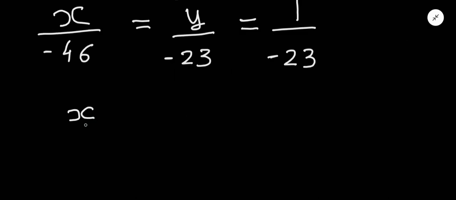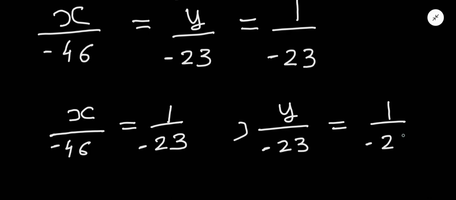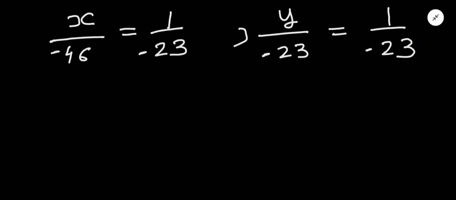So x upon minus 46 is equal to 1 upon minus 23, and similarly y upon minus 23 is equal to 1 upon minus 23. So here we will cross multiply.